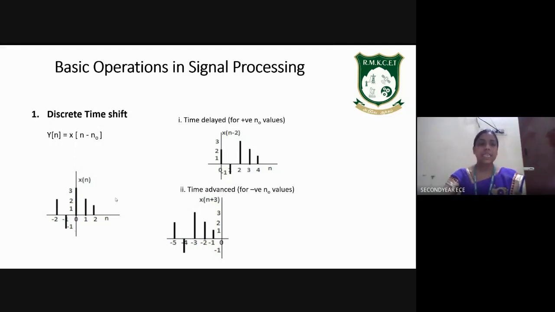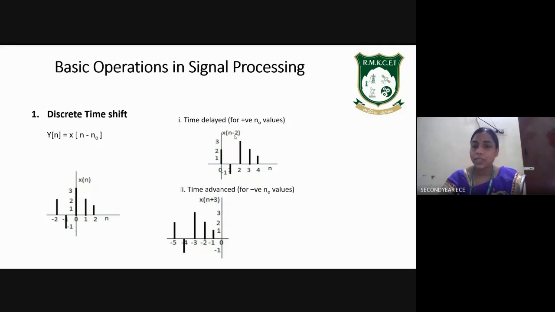Let us consider this signal which is shown here, x of n. Now, if this x of n is delayed by some positive n naught, how much delay is given here? By seeing this graph, you can say how much delay. What is the value of delay?